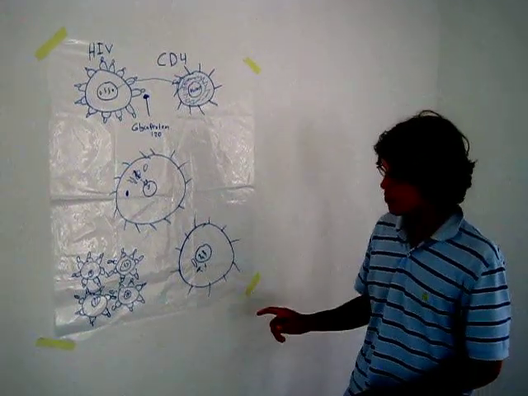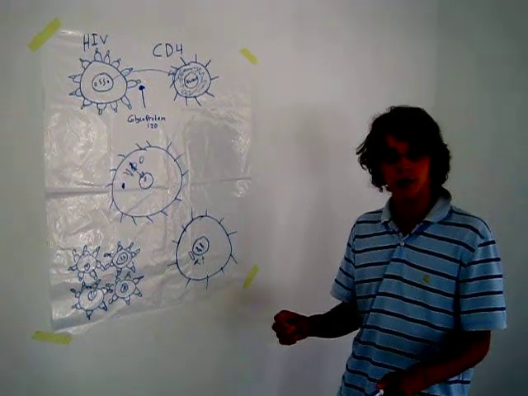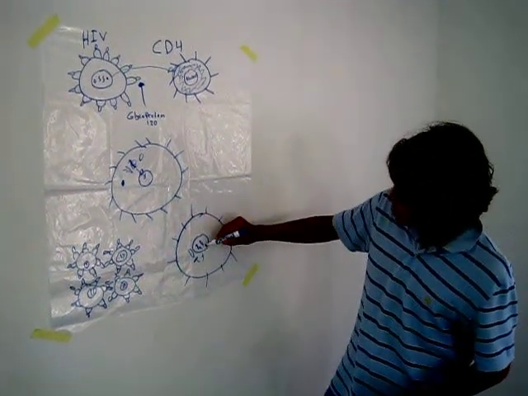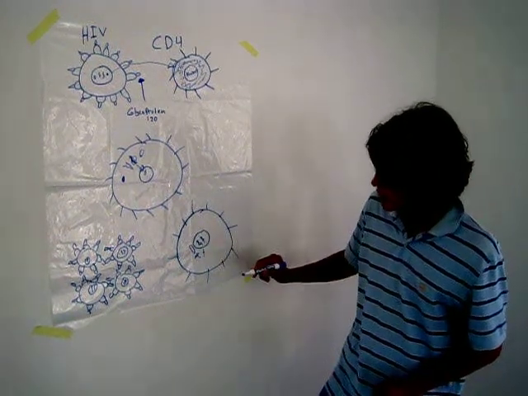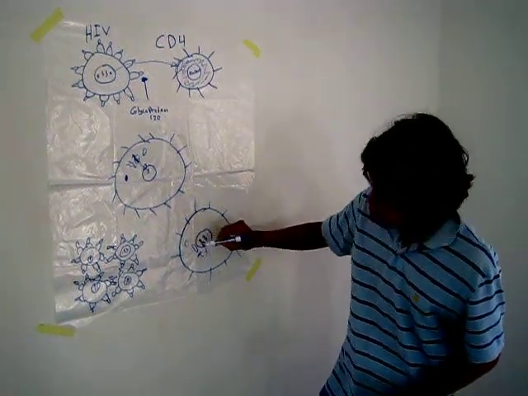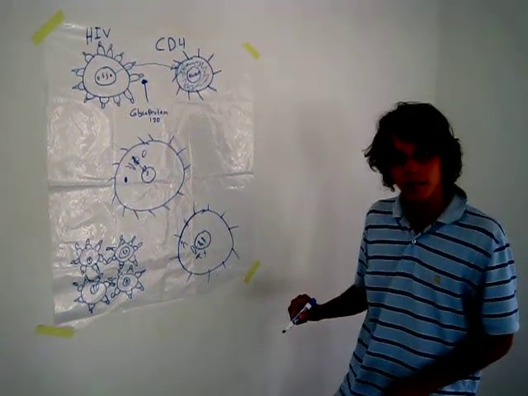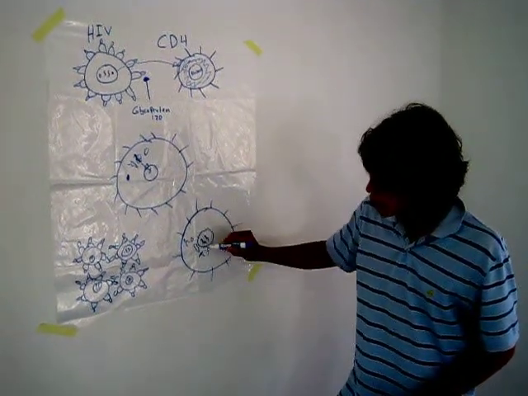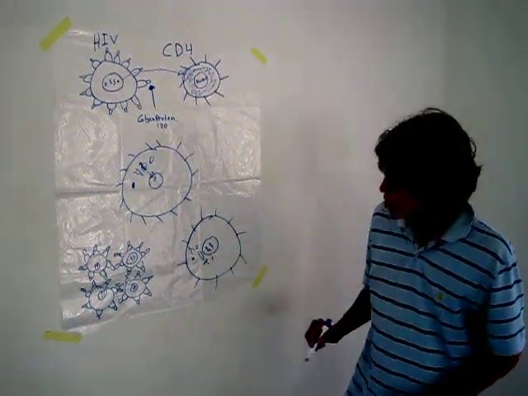At the ribosome, a messenger RNA molecule forms itself into a protein. So when this messenger RNA makes its way through the ribosome, several proteins can be printed out, such as glycoprotein 41, glycoprotein 120, the enzyme reverse transcriptase, or the enzyme integrase.